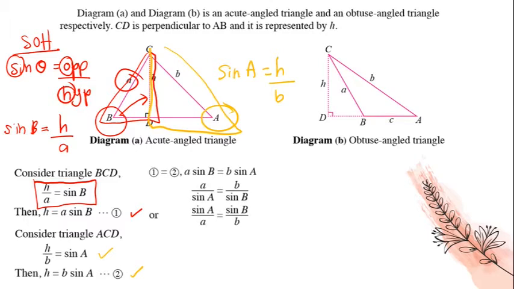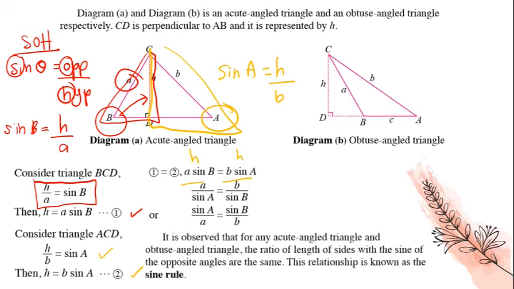Equate equation 1 with equation 2. A sine B is equal to B sine A, since H equals H. Make it as a ratio: A over sin A is equal to B over sin B, or sin A over A is equal to sin B over B. It is observed that for any acute triangle and obtuse angle triangle, the ratio of the length of a side to the sine of the opposite angle is the same.